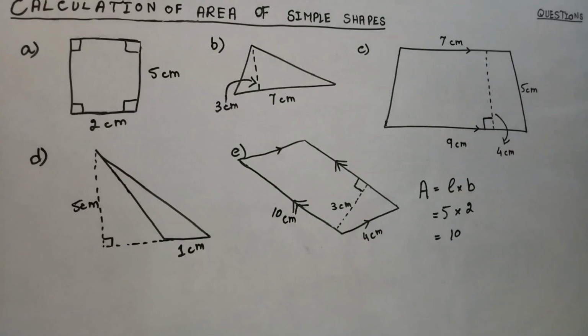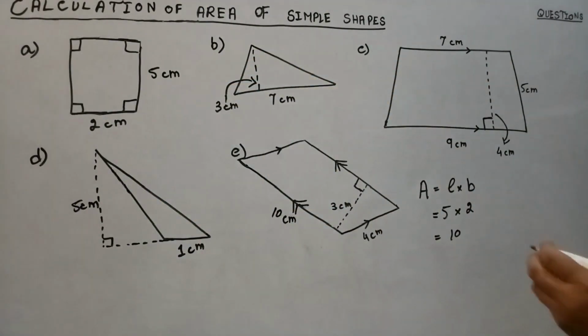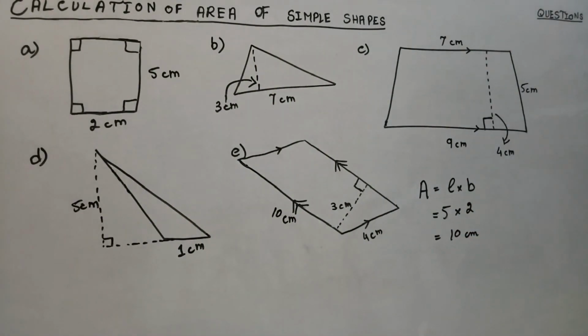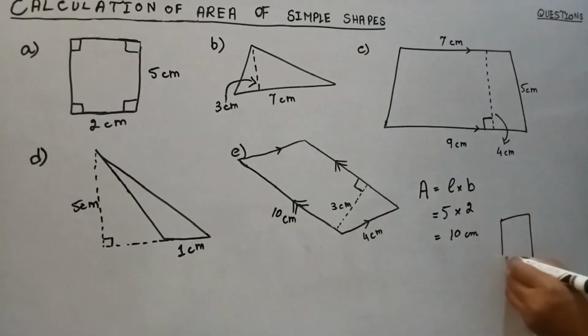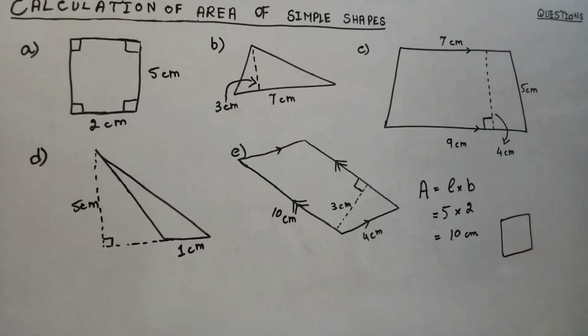Now 10 what? The units are in centimeters. You can see here we have length in centimeters, but we know what area is. We have calculated the area. We multiply this length and this breadth, and this is also in centimeters and this is also in centimeters, so we have 2 times centimeters.